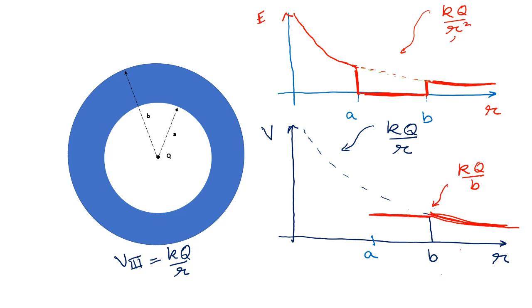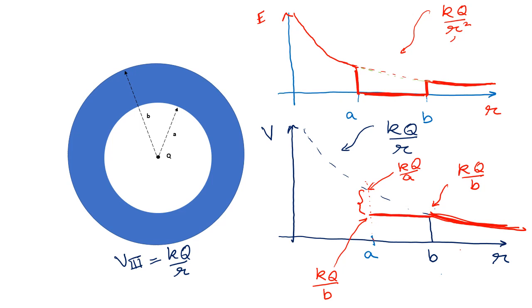You are going on a flat surface, and thus the potential at this place would still be KQ by B. What has happened is that if this conductor was not present, the potential would have been KQ by A. But when you put the conductor, the potential has decreased to KQ by B. With respect to KQ by R, there has been a decrease of this value.